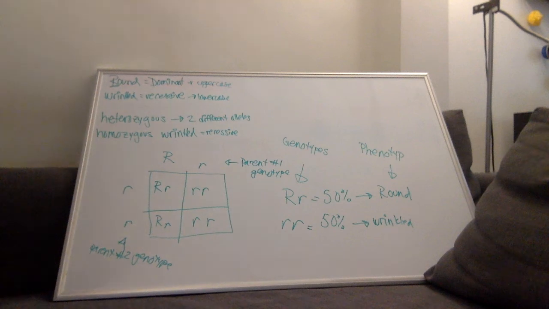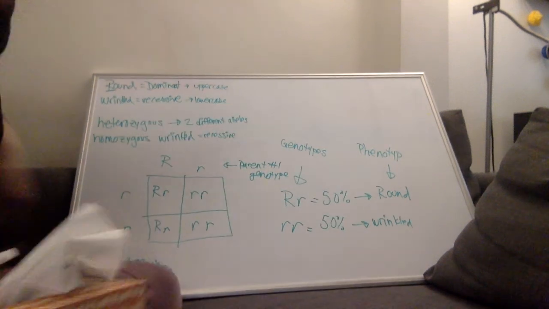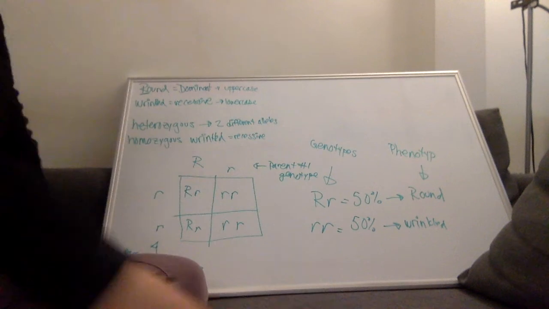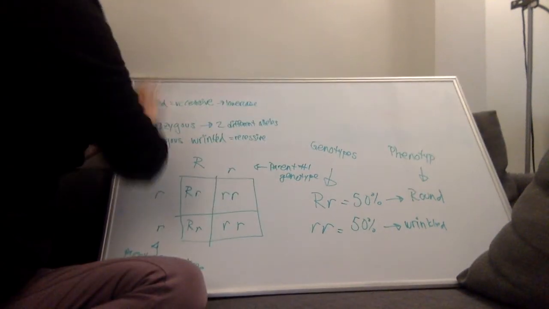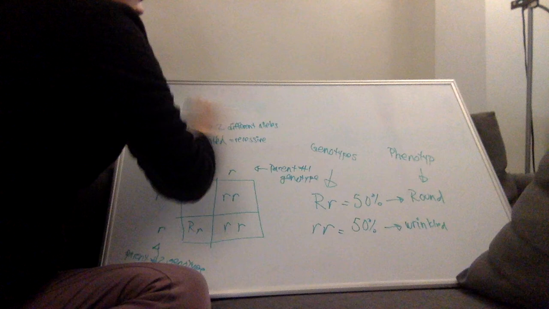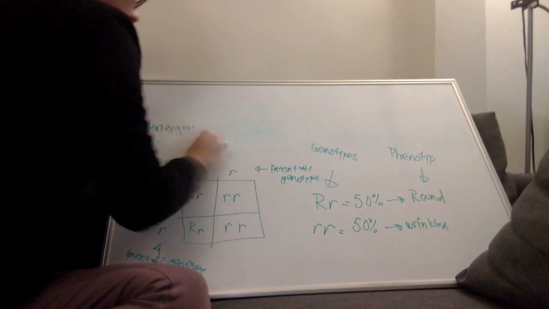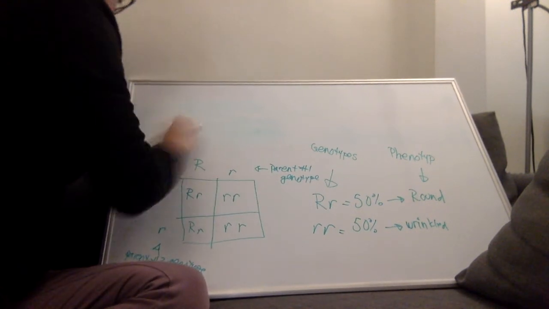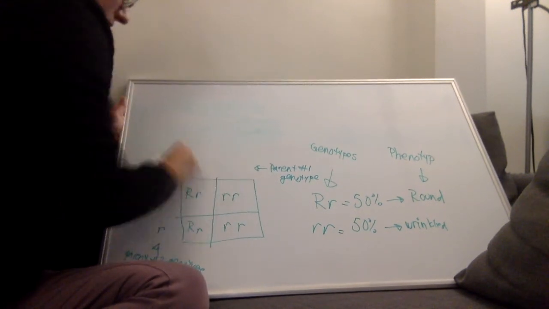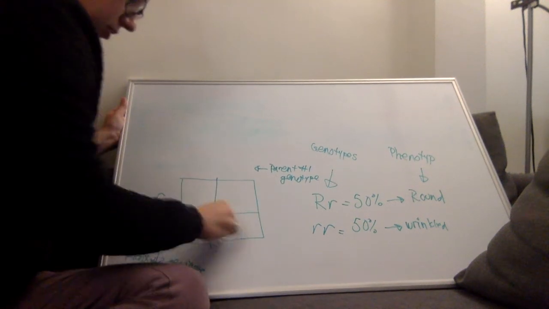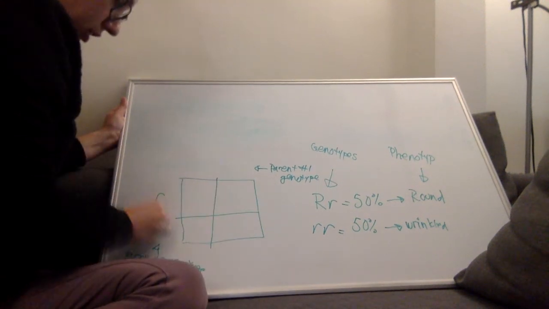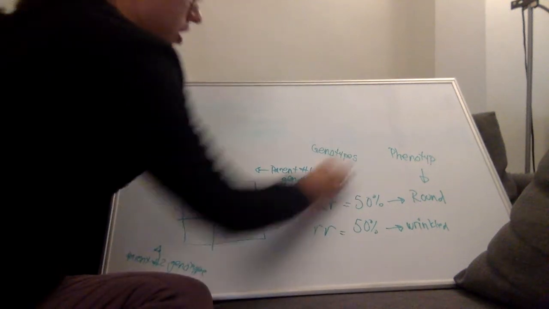Okay, and we're going to do our second example. I'll keep our Punnett Square box because we'll use it again. All right, I'll keep some labels.